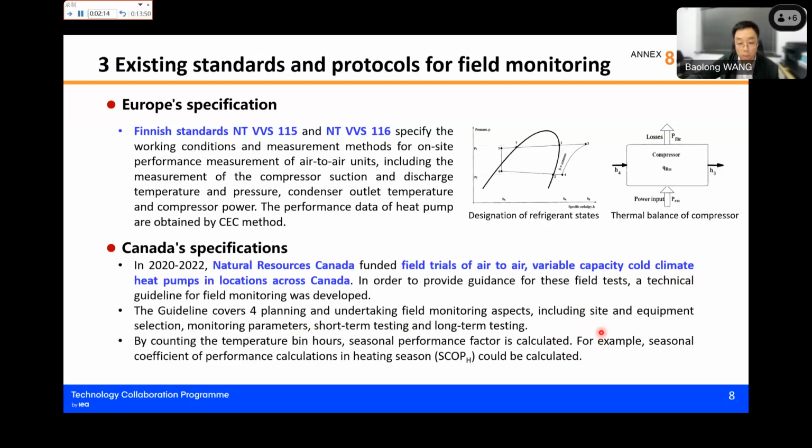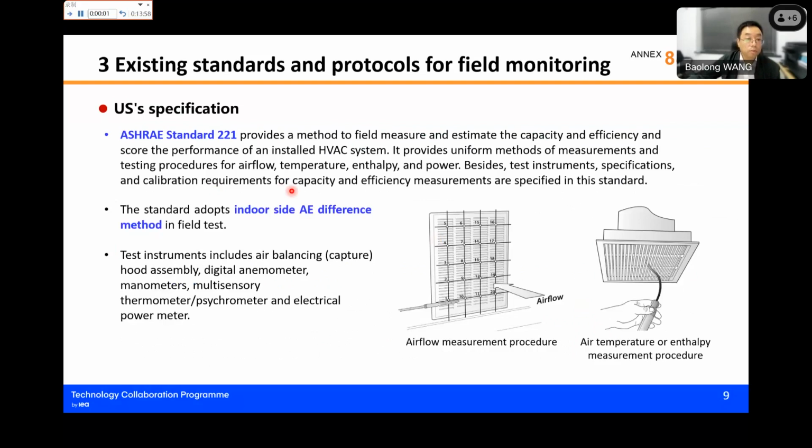I forgot, maybe it should be used as an air side method. For the ASHRAE standard, ASHRAE Standard 221 actually provides a very detailed method to field measure and estimate the capacity and efficiency of the installed HVAC system.